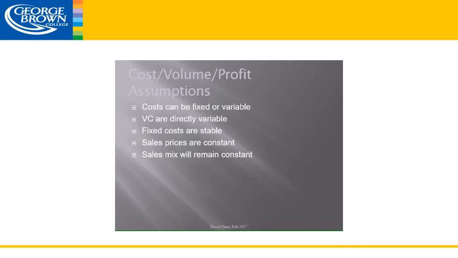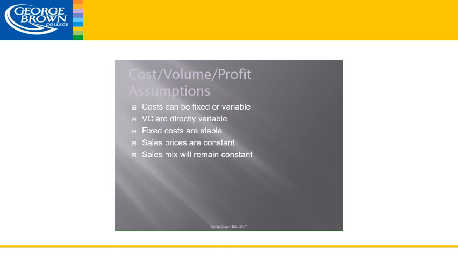In order to complete a cost volume profit analysis, we have to make a few assumptions about the business, or about our costs for that matter. All costs can either be fixed or variable. So we have to understand which costs fall under which cost category. We also have to understand that all variable costs are directly variable, so increase or decrease directly based on sales, and that all fixed costs are stable.